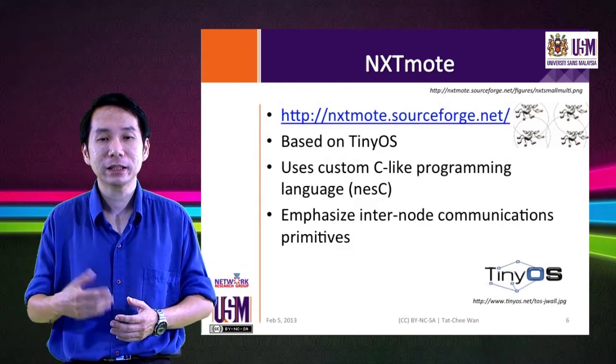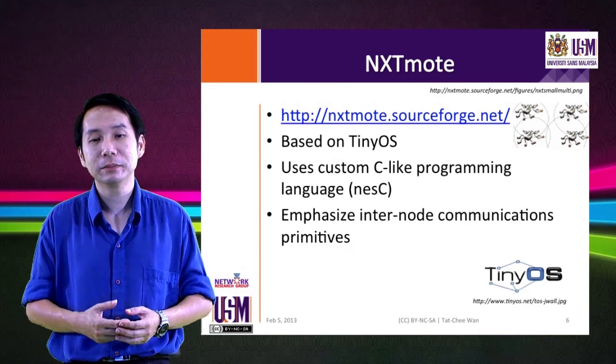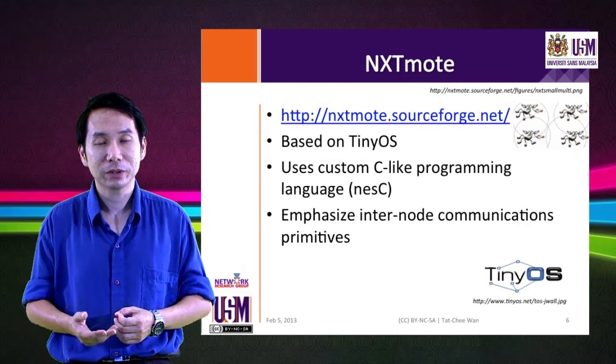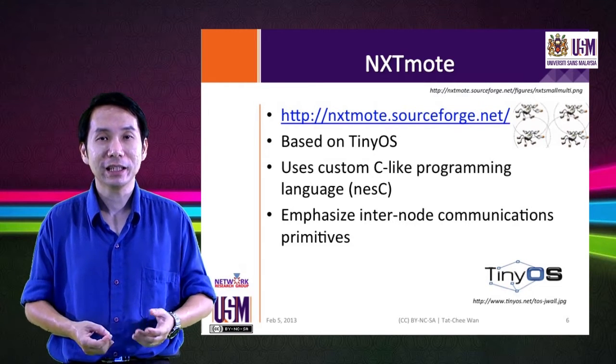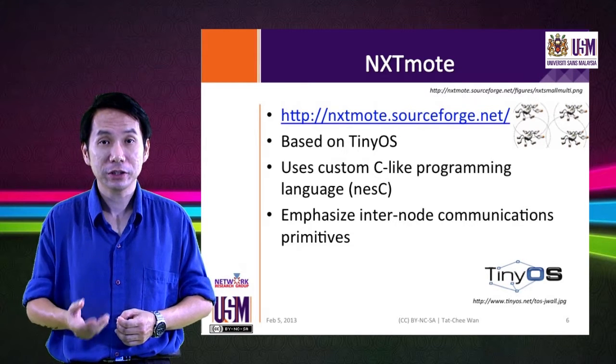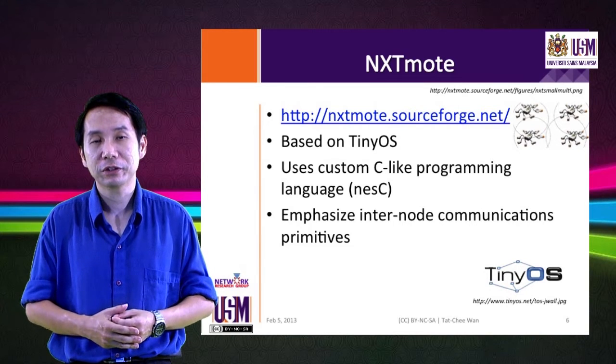NXT Mode is basically an operating system based on TinyOS. It uses a custom C-like programming language called NesC for developing programs or applications that run on TinyOS. In addition, it emphasizes inter-node communications primitives and is therefore geared towards wireless sensors and other mesh network configurations.